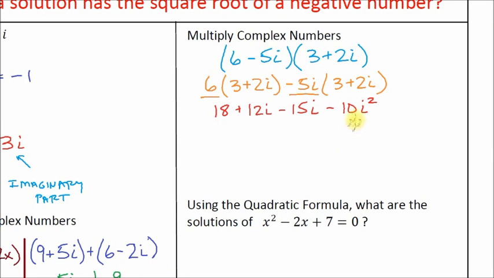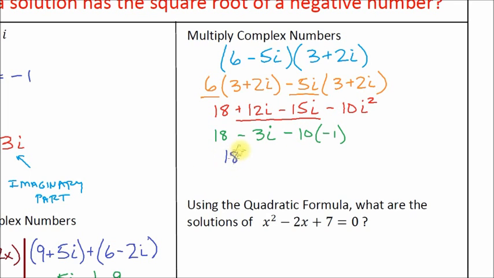Let's combine our like terms in the middle, just like we would normally. So our next step, we're going to have 18, positive 12 minus 15 is negative 3, so negative 3i. But now we've got this interesting thing happening. i squared is actually just negative 1, so we can multiply those together.